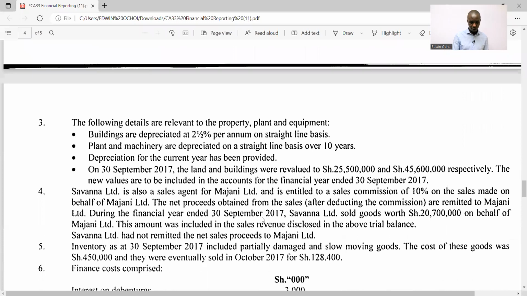Number 3, you are told that the following details are relevant to property, plant, and equipment. Buildings are depreciated at 2.5% per annum on straight-line basis. Plant and machinery are depreciated on a straight-line basis over 10 years. Depreciation for the current year has been provided.